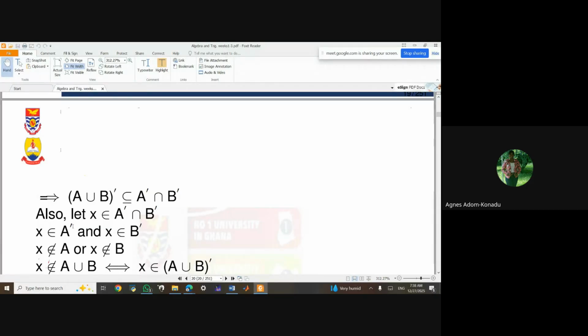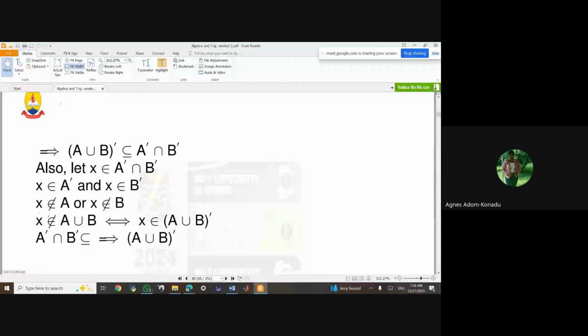If X is in A complement intersection B complement, it's the same as X is in A complement and X is in B complement. So if X is in A complement and X is in B complement, then it means that X is not in A or X is not in B. And we know that X is not in A or X is not in B is the same as X is not in A union B. If it's not in this, then it implies that it is in A union B complement.